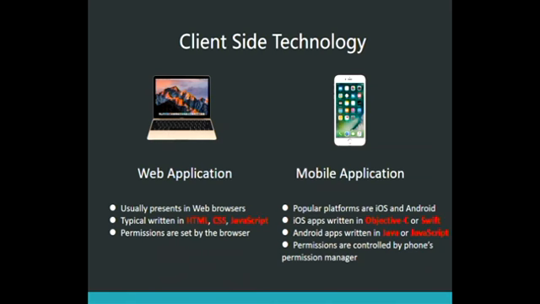This usually happens in the web browser, but you can have exceptions. For example, a standalone application can open a browser-like window, which still displays a web page from the internet. It's typically written in HTML, CSS, and JavaScript.